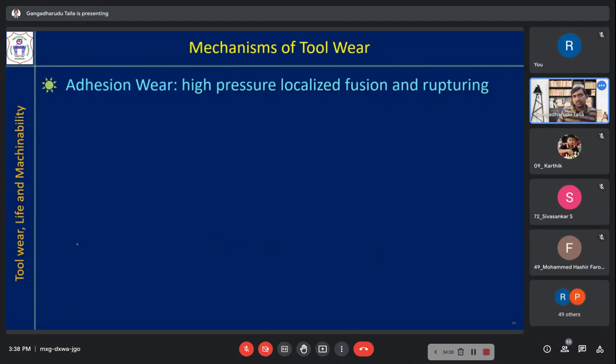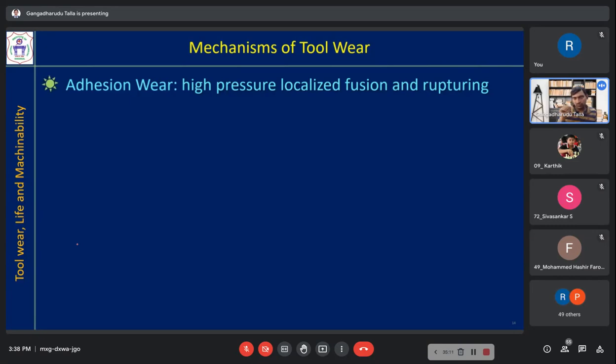The second type of mechanism for tool wear is adhesion wear. Adhesion takes place due to high pressure, localized fusion and rupturing. We have seen in built-up edge formation, the material is heated up and highly pressurized. Pressure is nothing but due to compressive force.